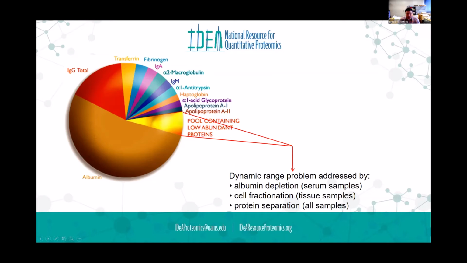Other examples would be if you're interested in mitochondrial proteins, it's usually a good idea to take the time and the trouble to do a mitochondrial prep rather than just lysing the entire cell and trying to sort out just the mitochondrial proteins in the end, because you'll get much better data if you can separate out what you need from what you don't need, or at least fractionate the sample so that you can look at it in smaller, less complex chunks rather than all at once.